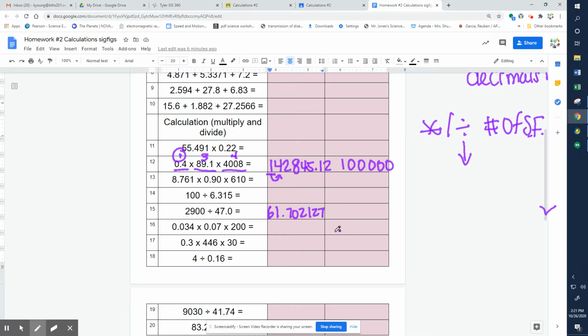Okay. Again, I'm looking at the number of significant figures. My first number given to me has 2. My second number given to me has 3. 2 is smaller. Here's our first significant figure, second significant figure. We're going to look behind. So I'm going to round that to 62.